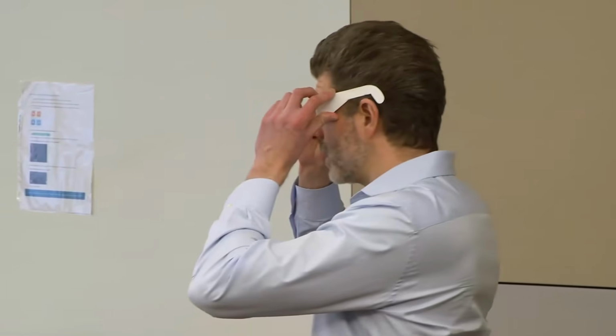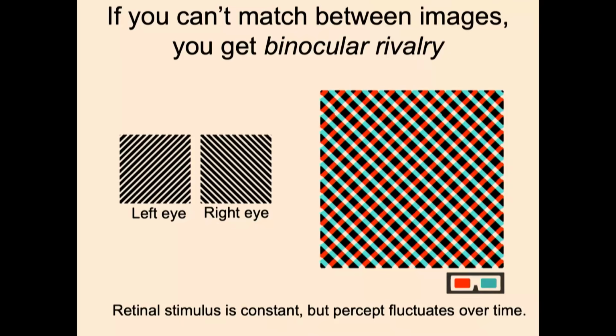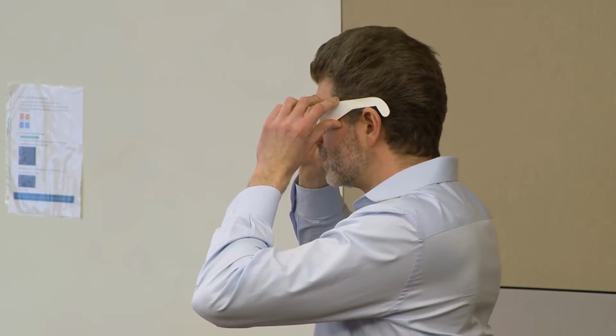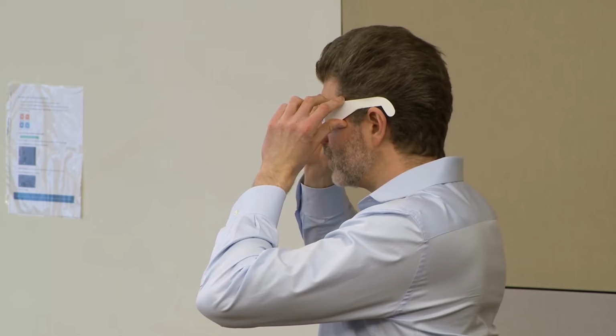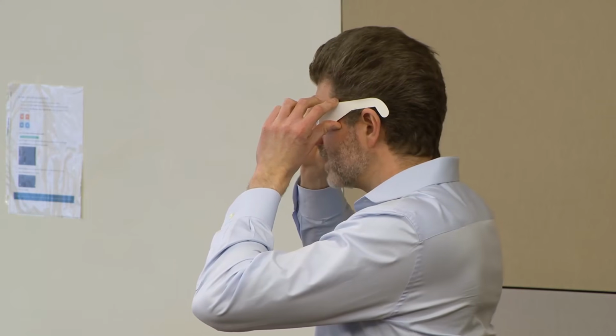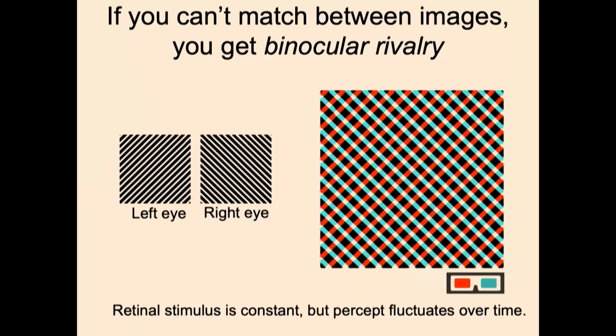The left eye is going to get one orientation, and the right eye is going to get another orientation. And if you look at this, what will happen is that over time, you will see one image, and then another, and then back to the other image, and then back to the other.